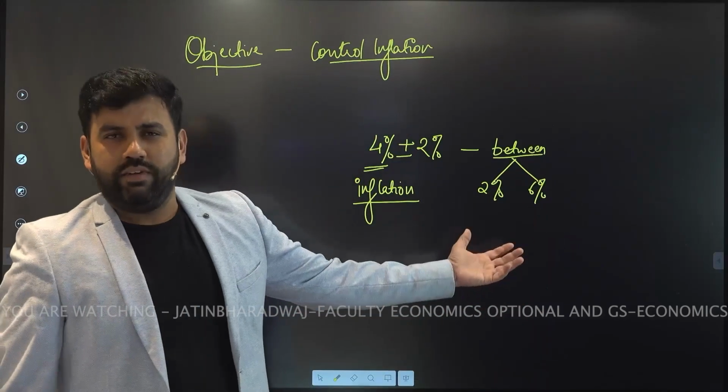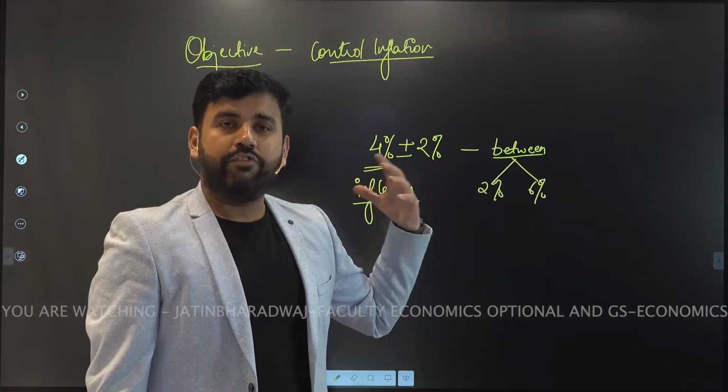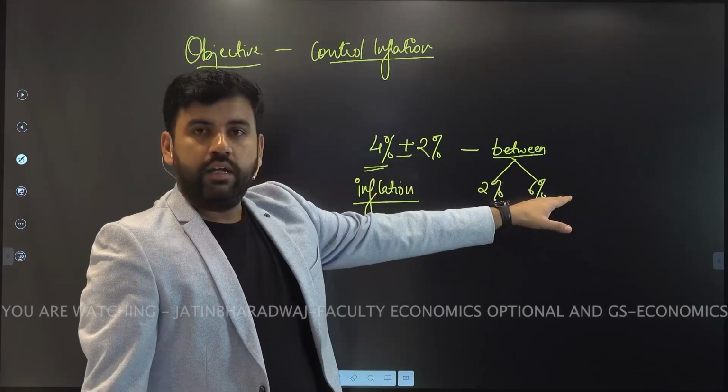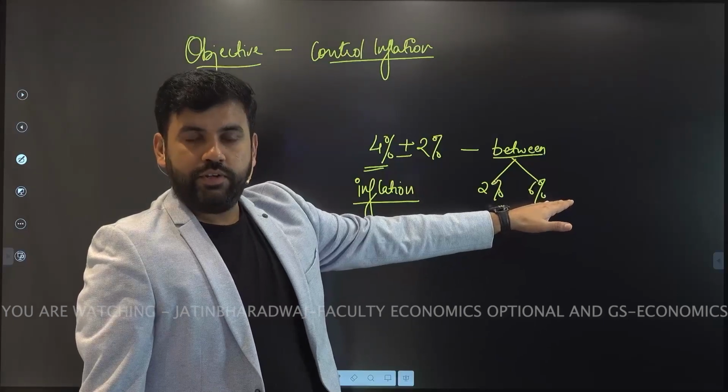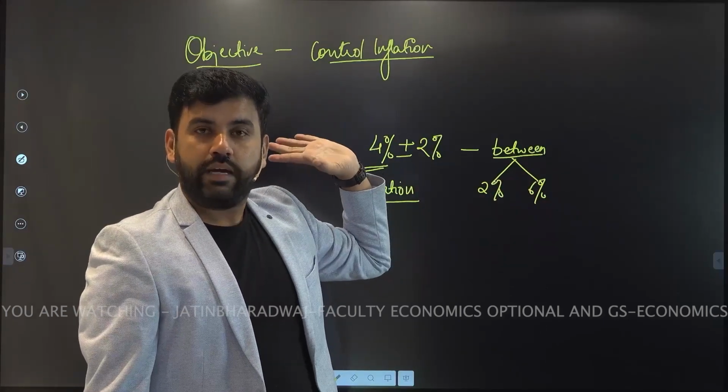Now, India is a developing country. We have a very high unorganized market and many informalities, so getting 2% is really tough for India. Recently, we crossed 6%, and because of that, multiple changes were brought by RBI.